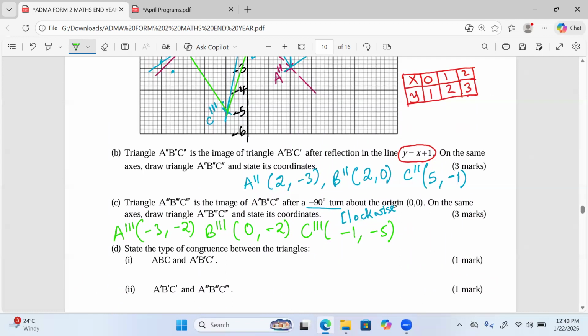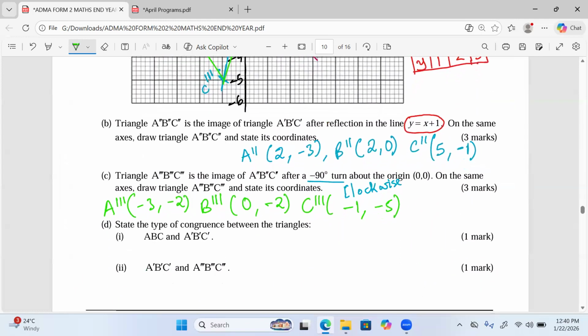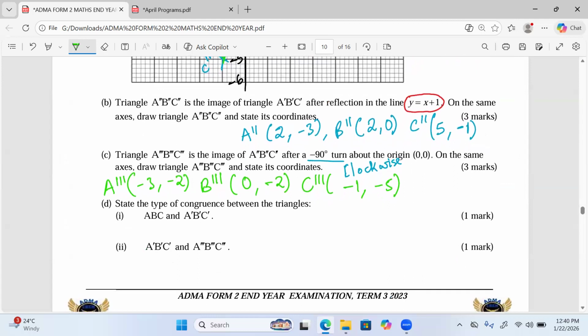That is it. And finally, there is a part D here that tells us to state the type of congruence between the triangles ABC and A prime, B prime, C prime.